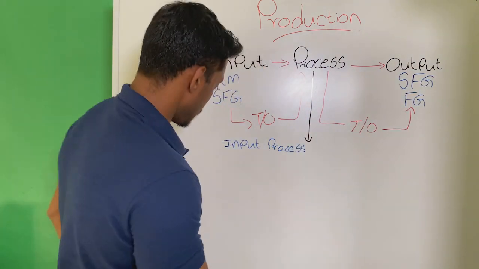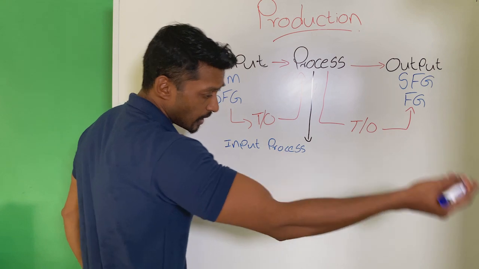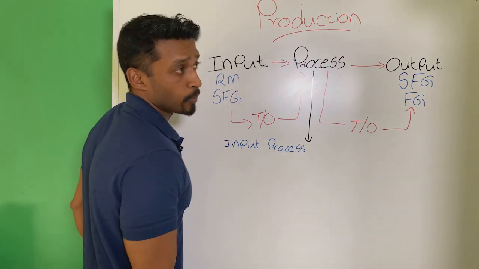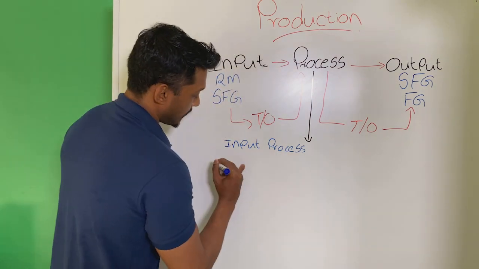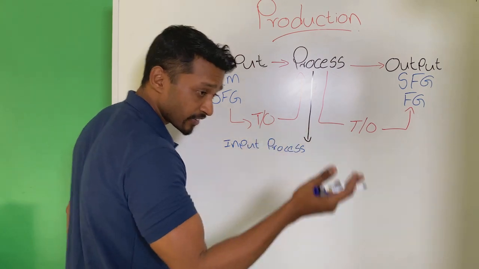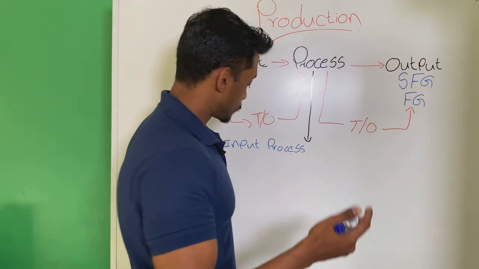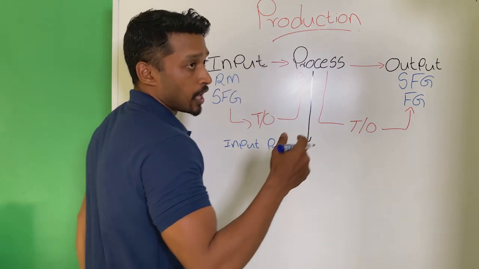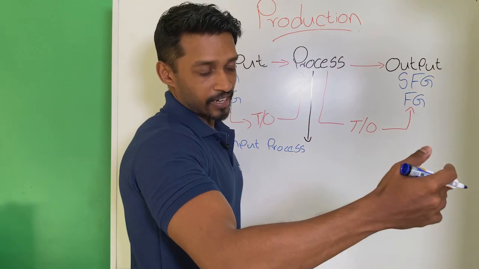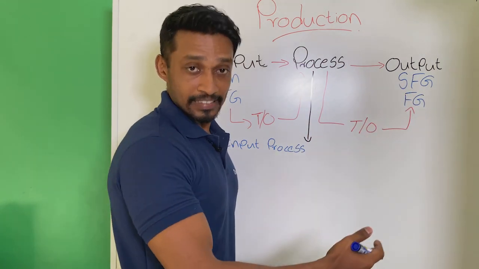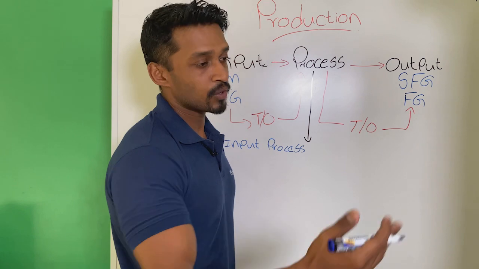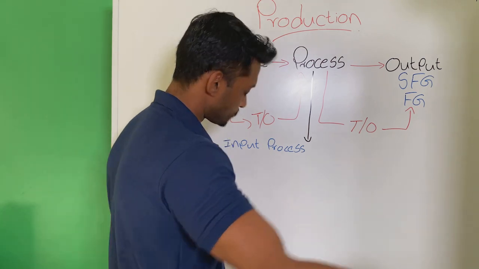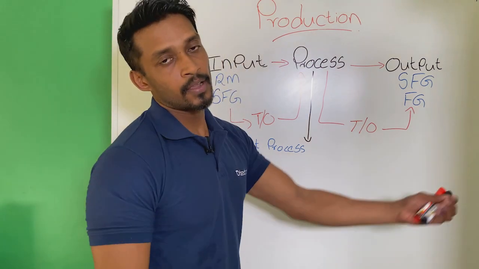How it happens is, once you put that raw material into your blending process, your inventory goes down, which means your inventory account goes to the credit side, as inventory is an asset. A decrease of an asset will be credit.